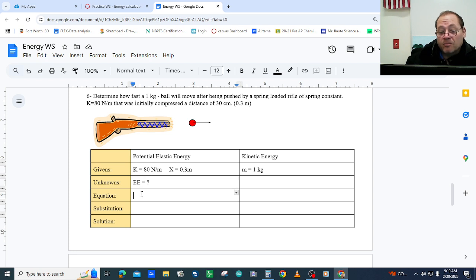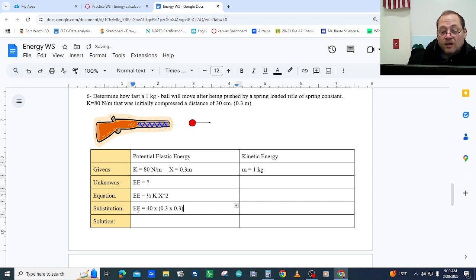All right, so we're going to pull out the equation for elastic energy, which is half the spring constant times the square of the stretching length. Plugging the numbers in, half of 80 is 40, times 0.3 squared, so 0.3 times 0.3.